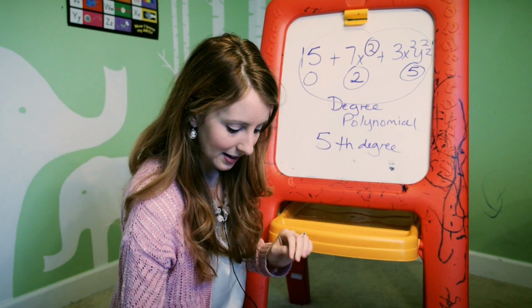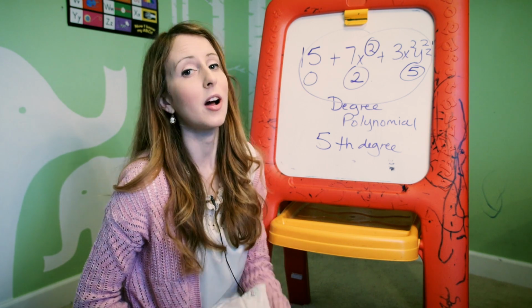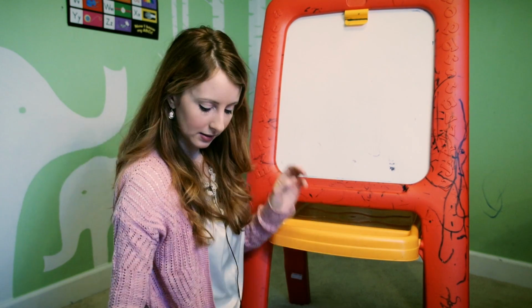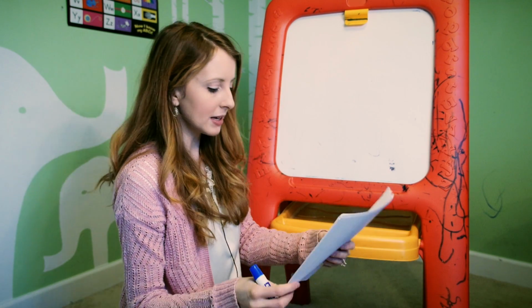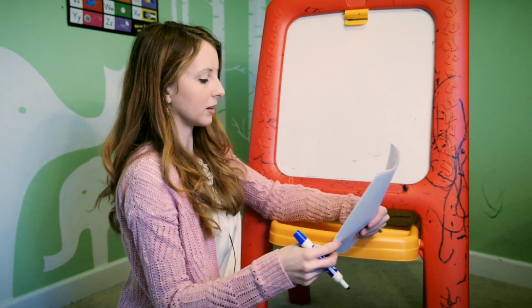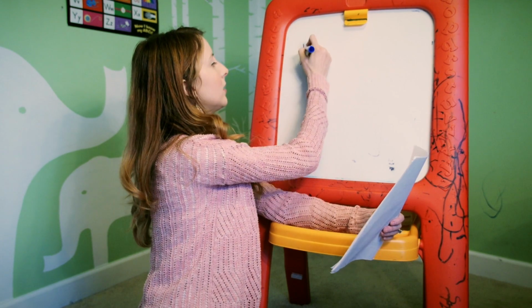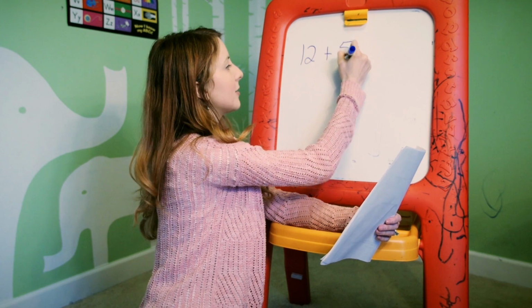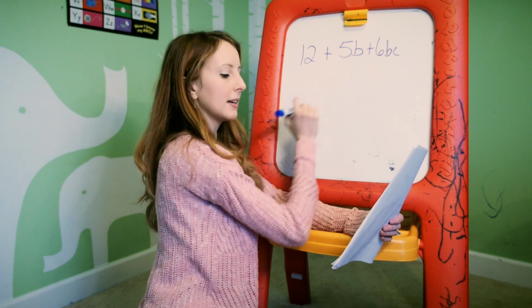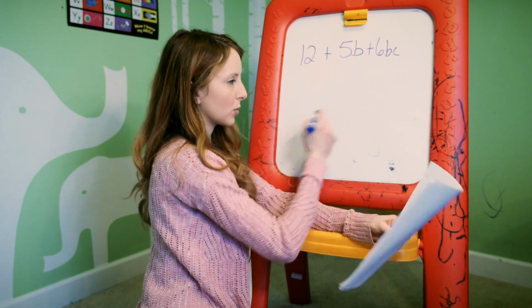All right? Let's do a few more examples, and these ones are on your notes so you can follow along. Let's do examples A, B, and C. It says find the degree of each polynomial. Here's example A, 12 plus 5b plus 6bc plus 8bc squared.